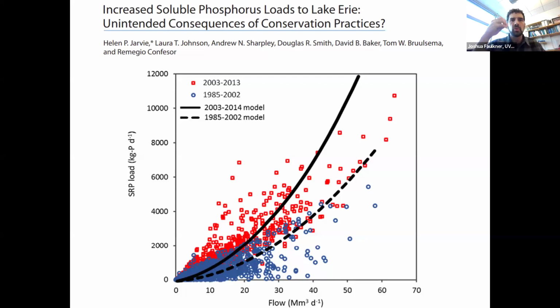I apologize. The blue was the soluble reactive phosphorus transport before really widespread implementation of conservation practices. And then once all the soil health practices were ramped up and the particulate phosphorus was decreasing, you started to see, from 2003 onward, this increase in the soluble reactive phosphorus transport, which is what was really driving the algal blooms.